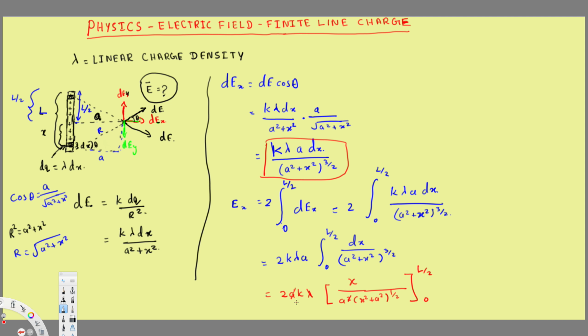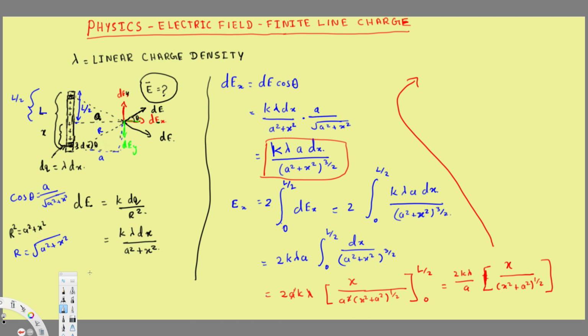So if I bring that one, it's going to be 2k lambda over a, and in the bracket we are going to have x over (x square plus a square) power half, since I took the a already.